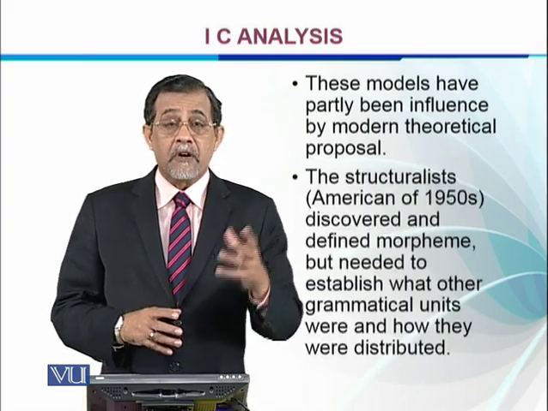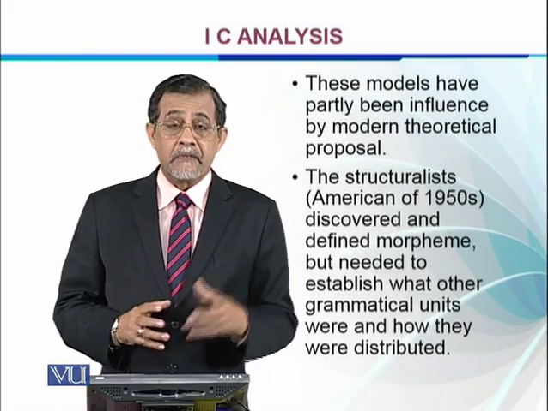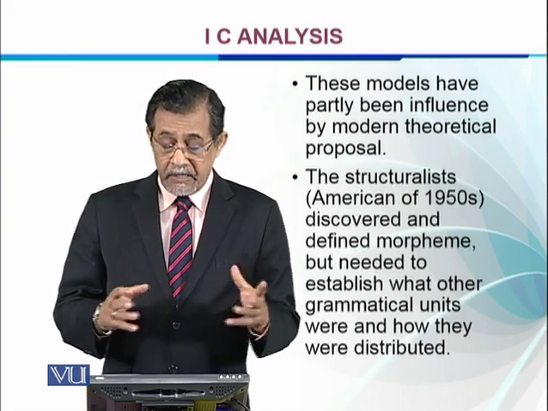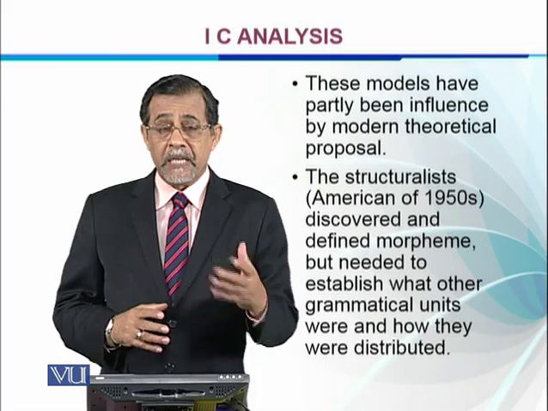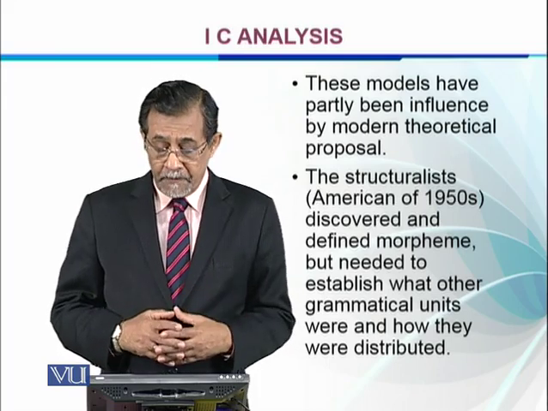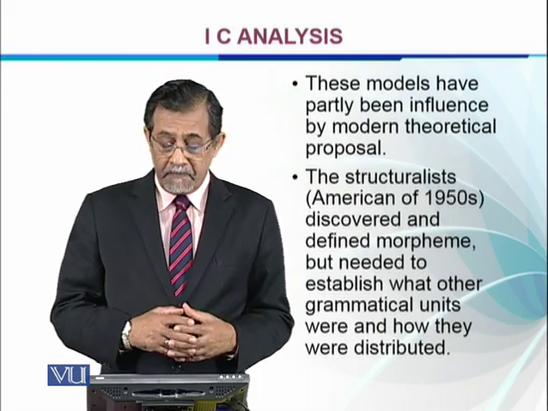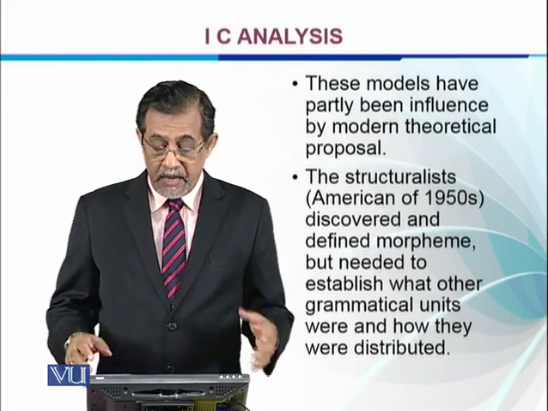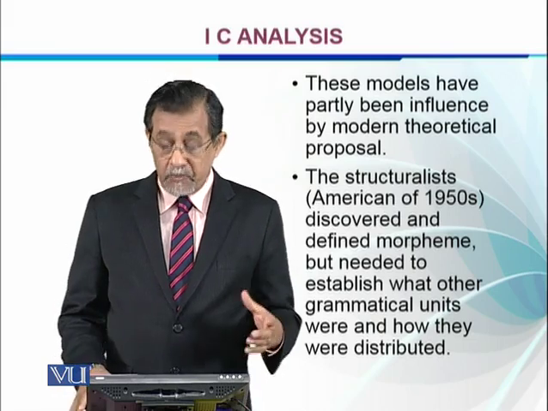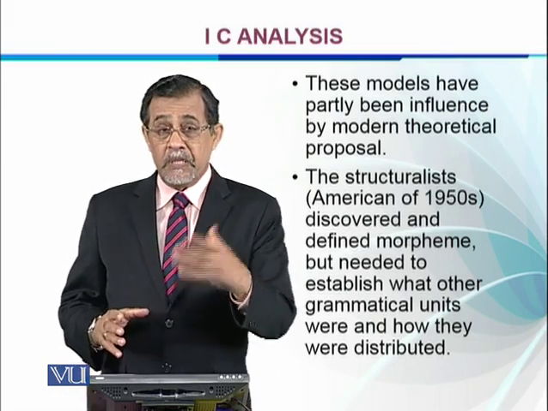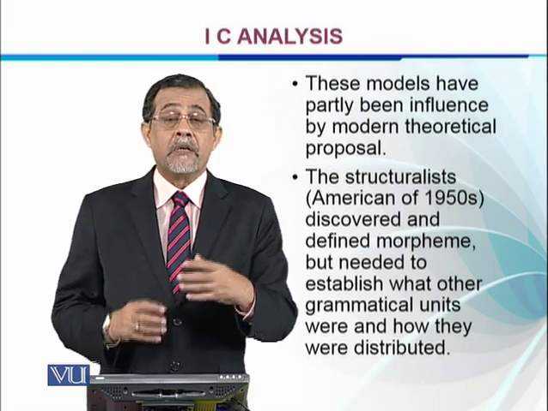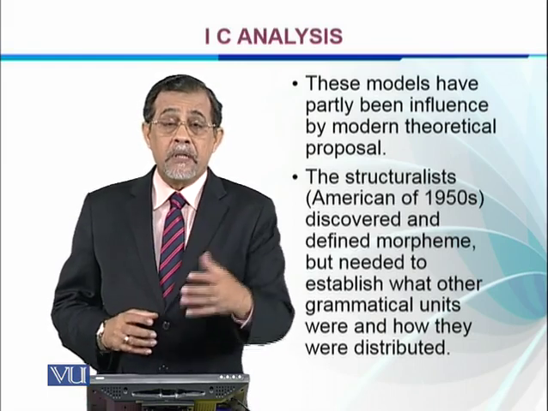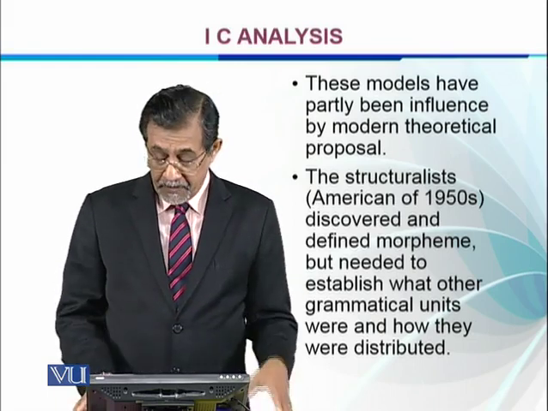The structuralists, especially the American structuralists of the 1950s, and here Palmer is making reference to Bloomfield, discovered and defined the morpheme, but needed to establish what other grammatical units were and how they were distributed. So he studied the morpheme but did not go beyond the level of the morpheme, like the phoneme.